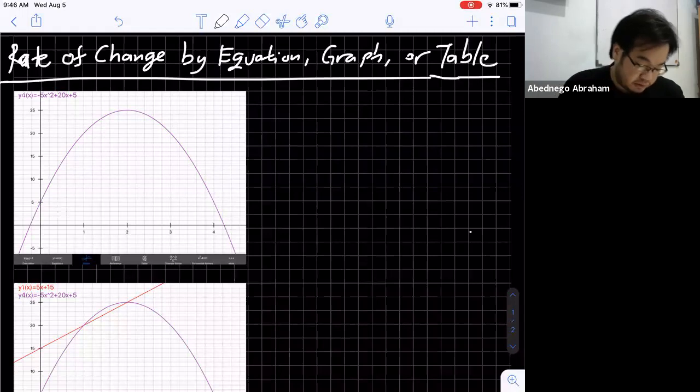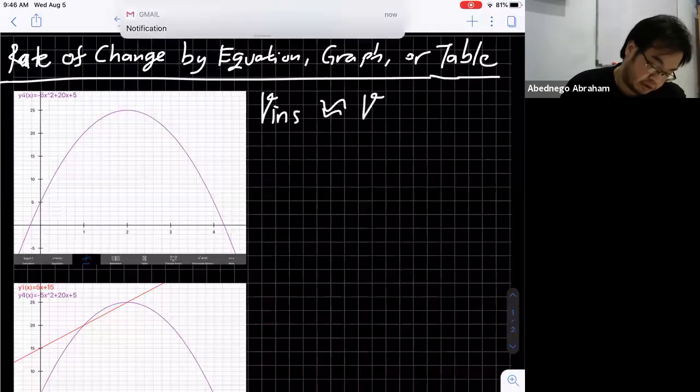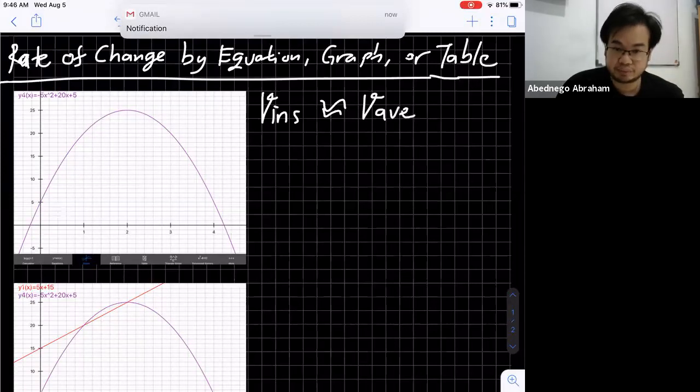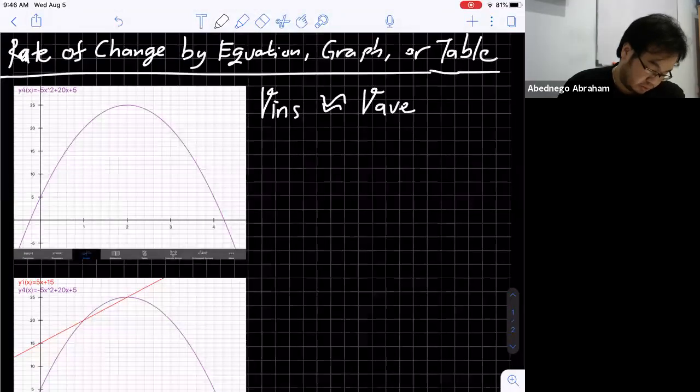For this chapter, the instantaneous rate of change will always be estimated by calculating the average change.